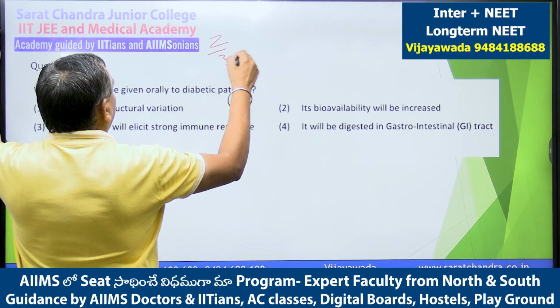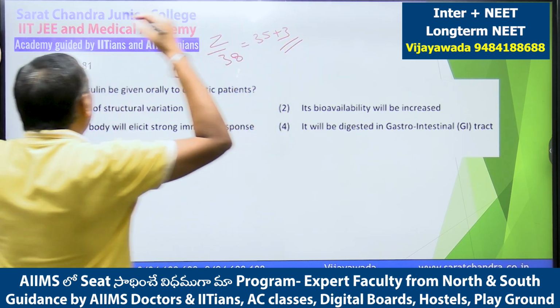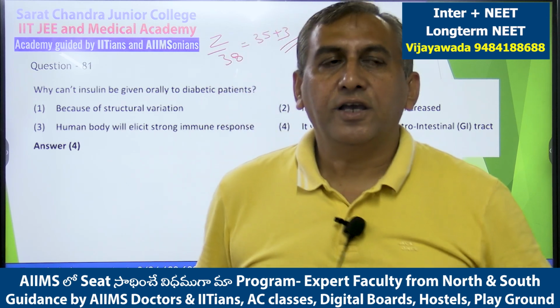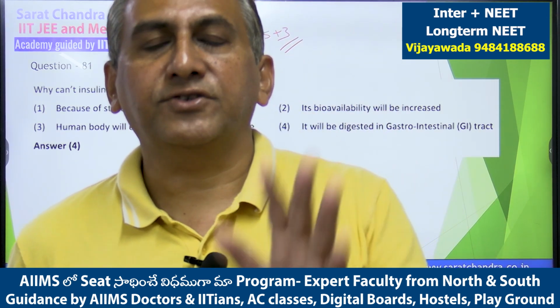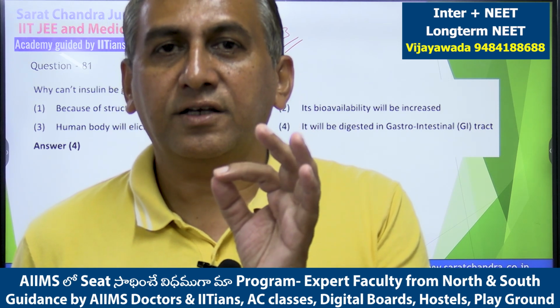Zoology 38, 35 plus 3. Again, it was a very simple question and you have to think about it. Insulin is made up of 51 amino acids. It's a protein, given in NCERT.